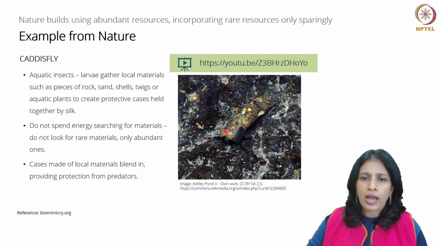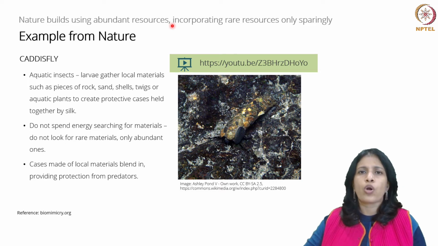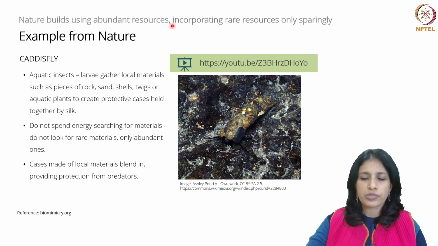And because it is made of local material, it also blends in completely, and it protects itself from predators as well. So that's what the caddisfly does, an excellent example of using resources that are abundantly available, readily available in its own environment, and not looking for rare resources.